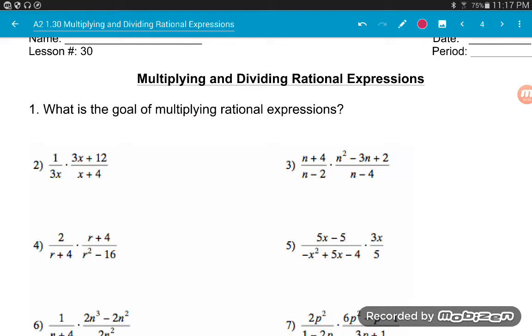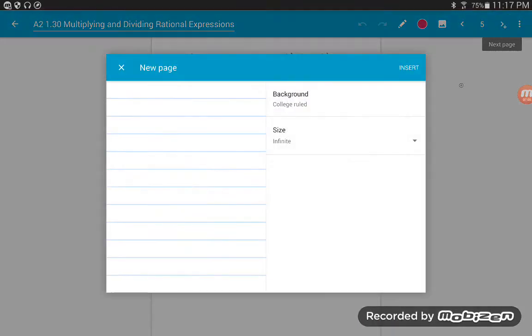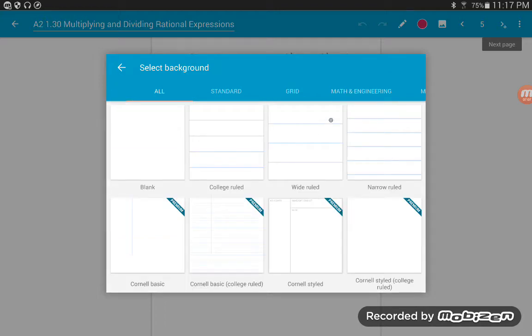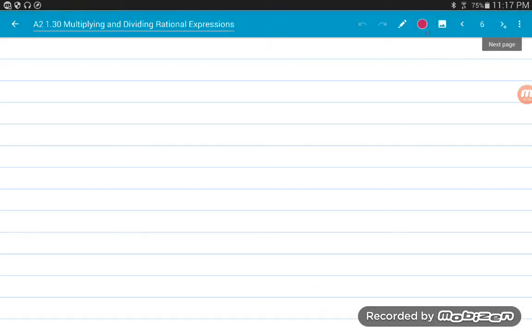What is the goal of multiplying rational expressions? Well, I'll tell you one thing. It's not actually multiplying at all. It doesn't look like multiplication. It doesn't feel like multiplication.